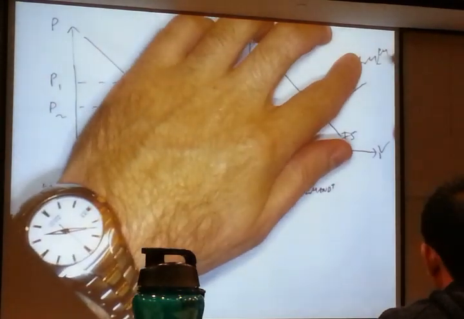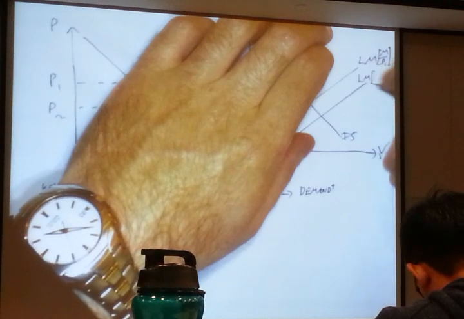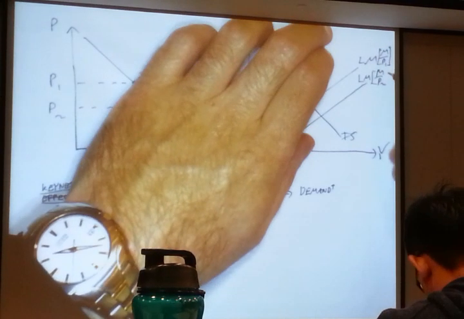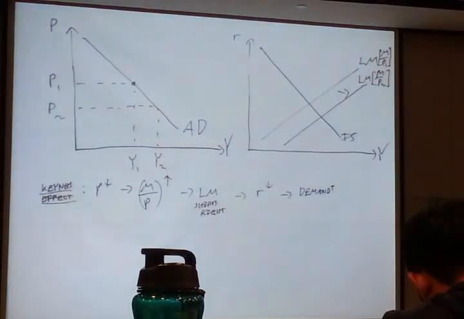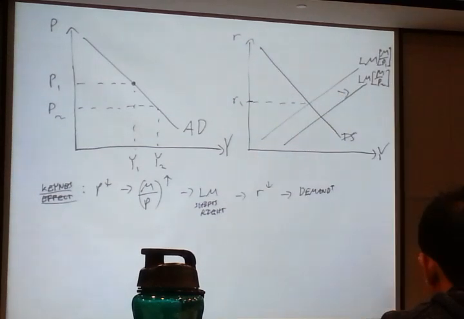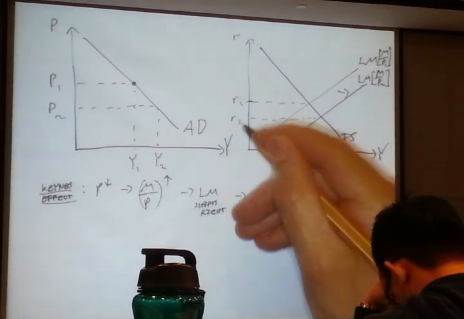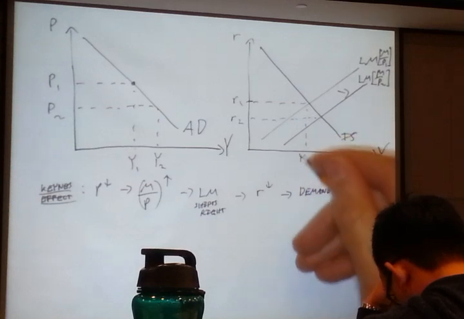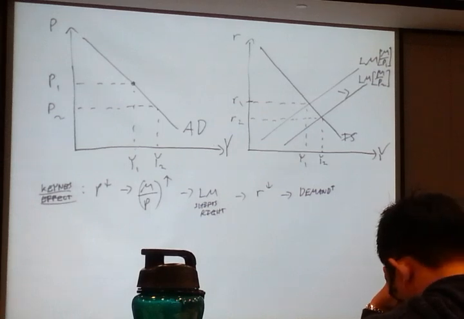So you go from an LM at price level 1 to an LM at a lower price level 2. So interest rates will drop. That's the mechanism. It leads money market equilibrium to imply a lower interest rate. Lower interest rates encourage spending. That is the Keynes effect.